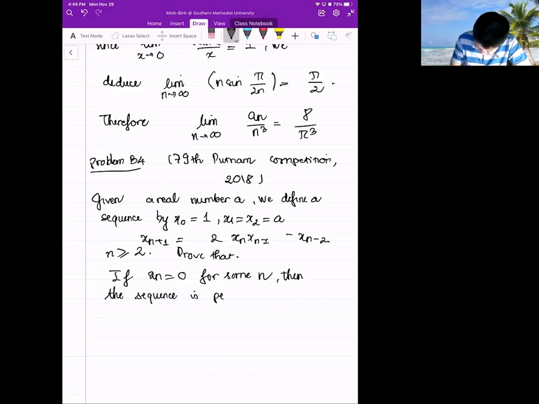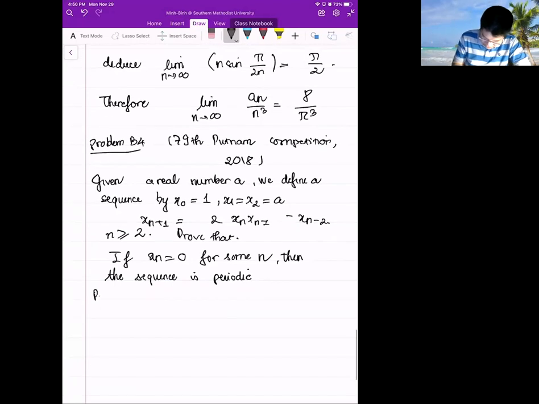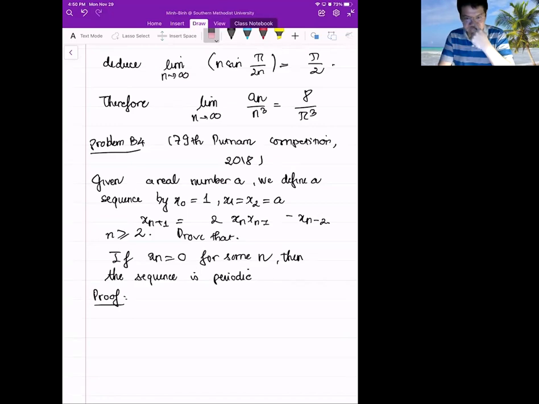This is again a very nice problem. So, proof. Our topic is series and limits, and this is a kind of limit that we have. We want to see a sequence which is periodic, in the sense that the sequence is going to be repeating.